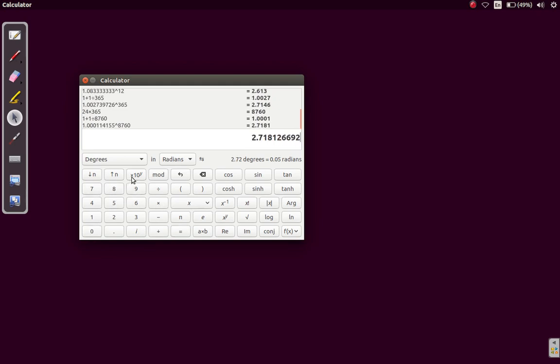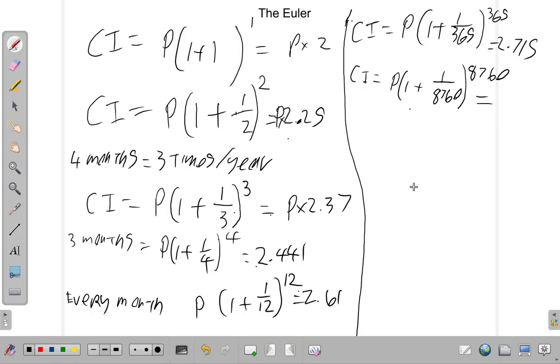Now let's do it again this way. Open bracket, 1 plus 1 over 8760, close bracket, to the power of 8760 equals, okay, good, 2.7181 something. So it's 2.7181 something.